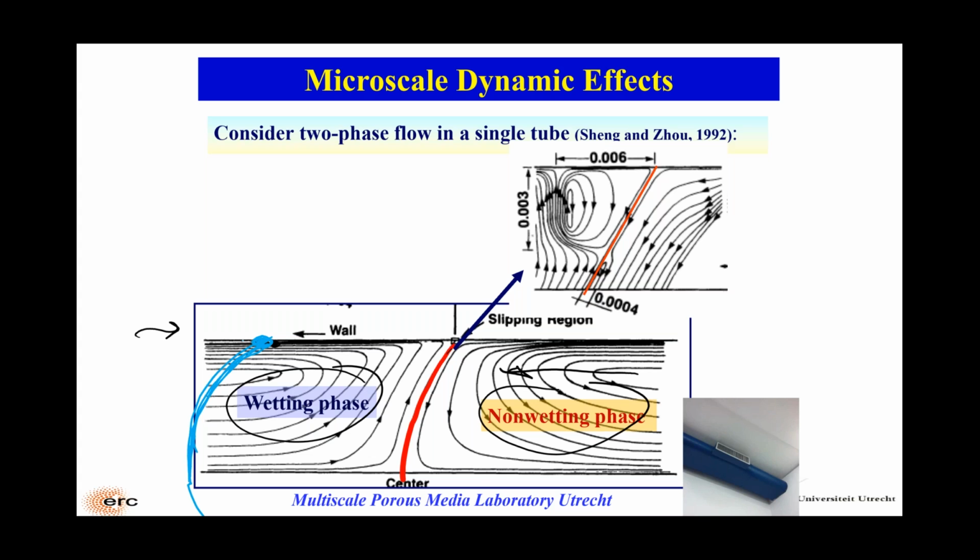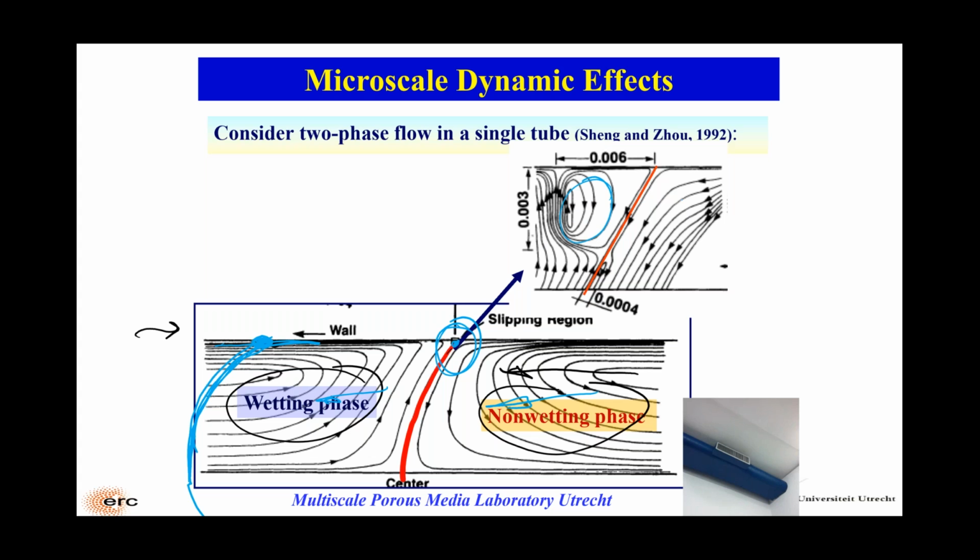Velocity is 0 at the wall, but not where the interface is, because this whole thing is moving, and the interface, when it meets the wall, cannot have 0 velocity. It must be a slip condition. And so when they zoom into this area, they see that actually the velocity distribution at the contact line is very complex.